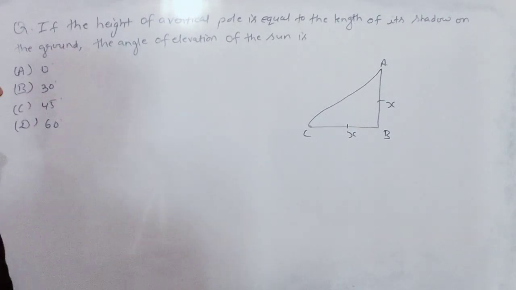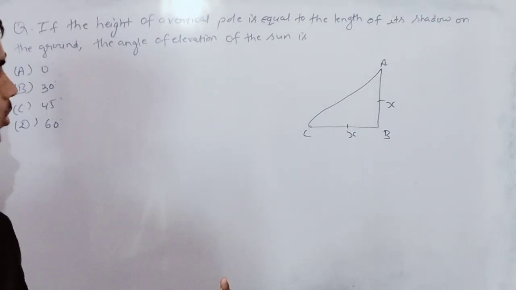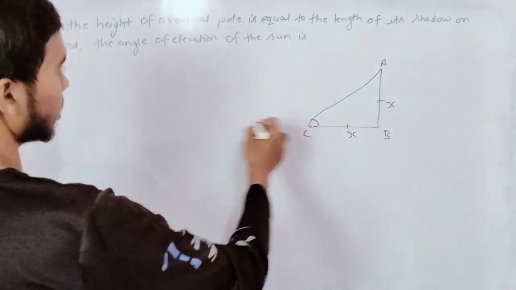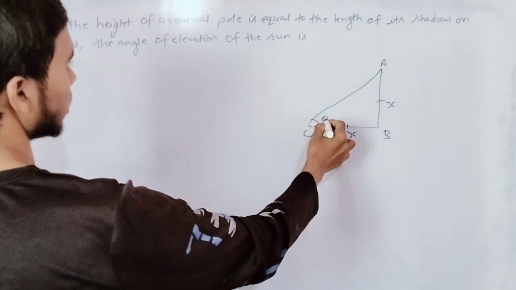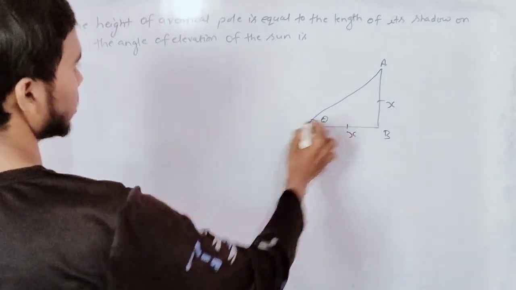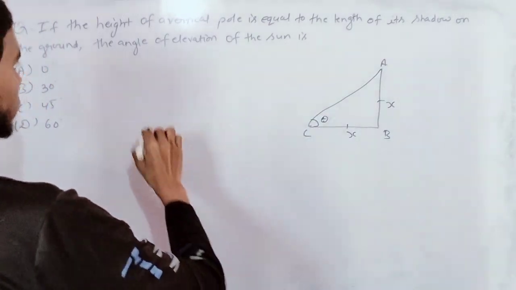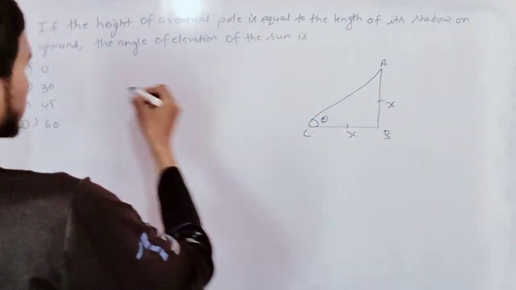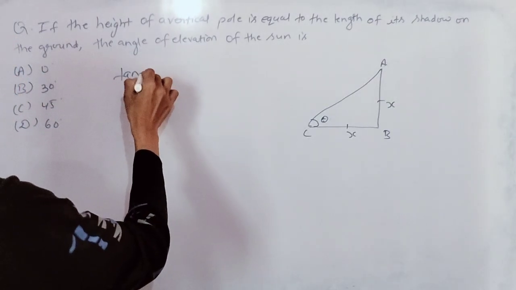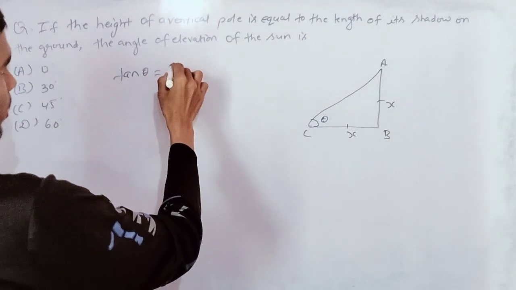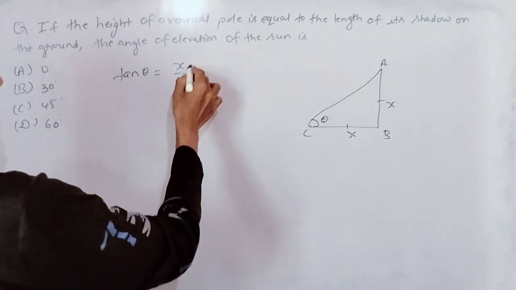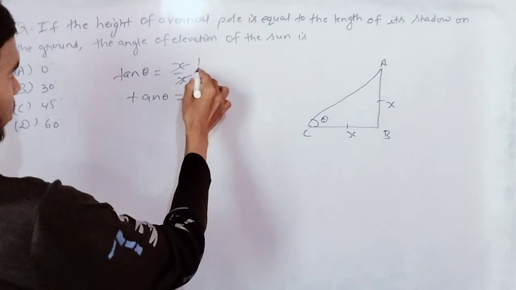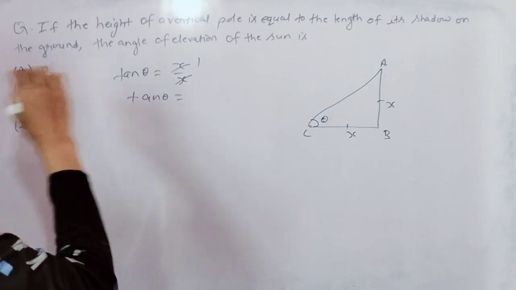I said 45, but how? Logically we have to tell. According to this data, we don't know this angle, this is what we have to find. This is the angle of elevation. Now, this upon this is the ratio of tan theta. The x upon x will cut, so tan theta is equal to 1, which is the value of tan 45.